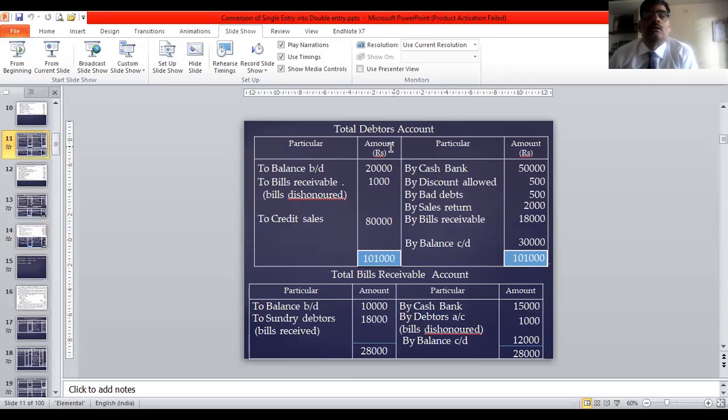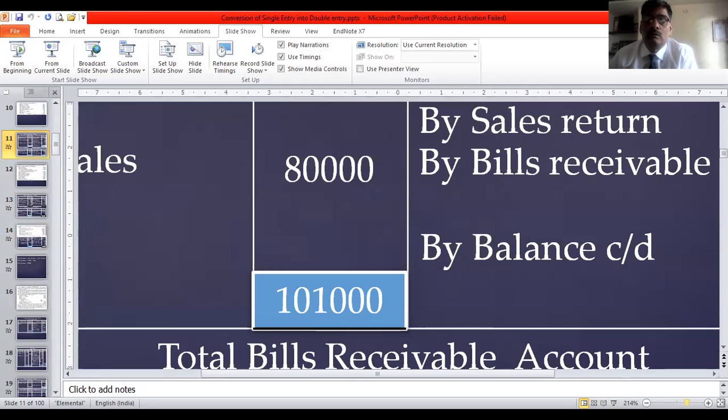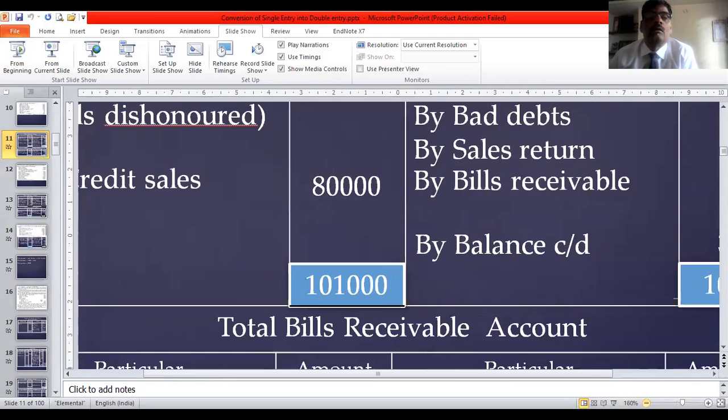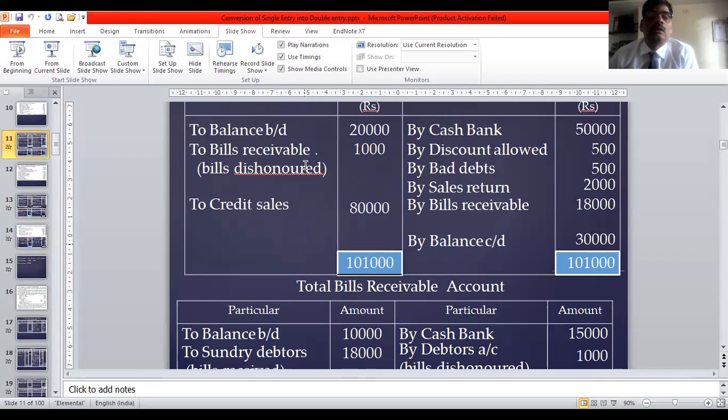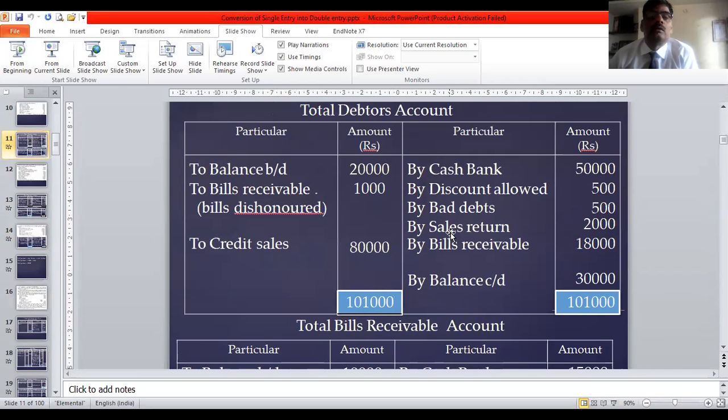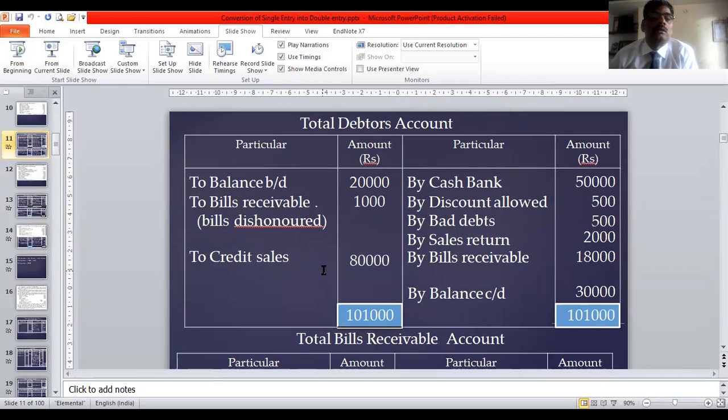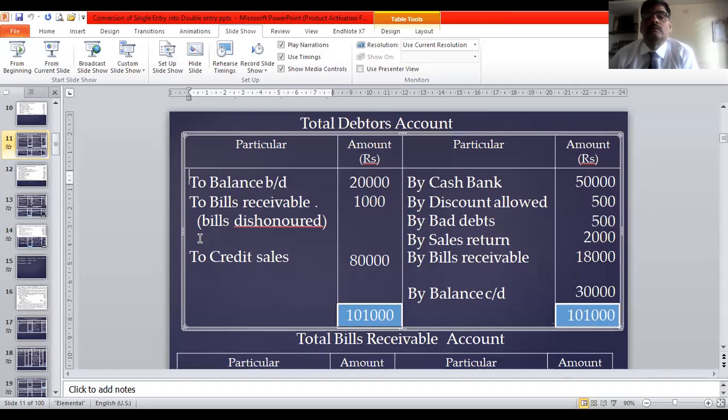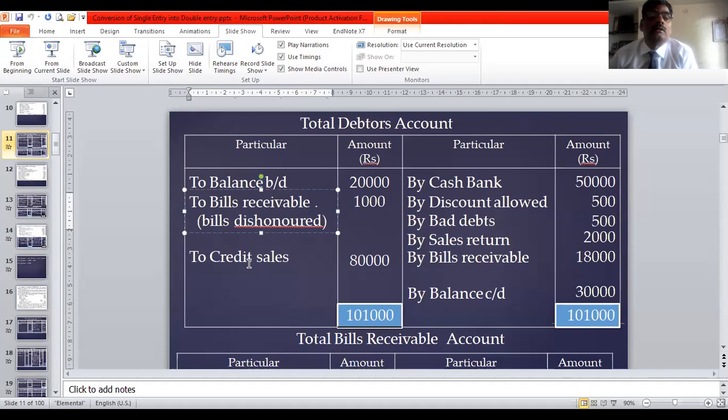You see here, in the debtors account, in the debit side, you have to write one more item, that is the refund of cash. Refund of cash comes on the debit side here.